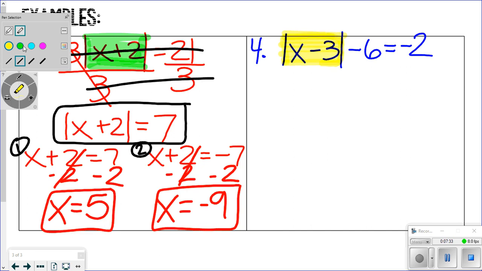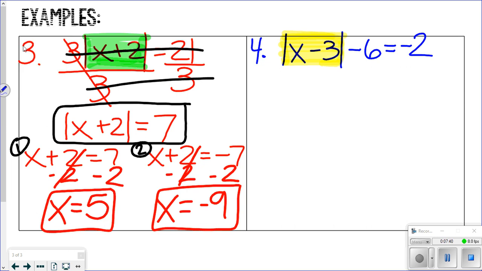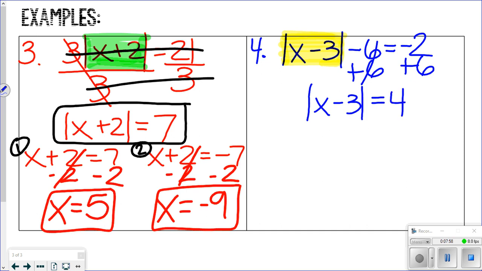So what I need to do first is get rid of what? Get rid of that -6. How do you do that? Add 6, add 6. So I have x minus 3 equals -2 plus 6 gives us 4.